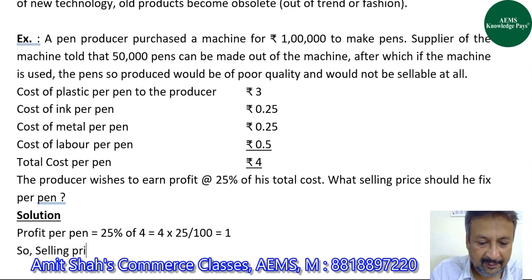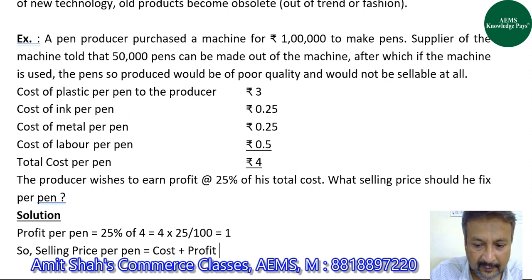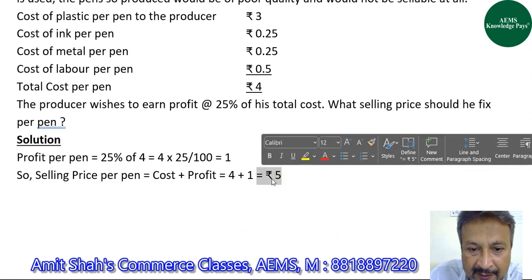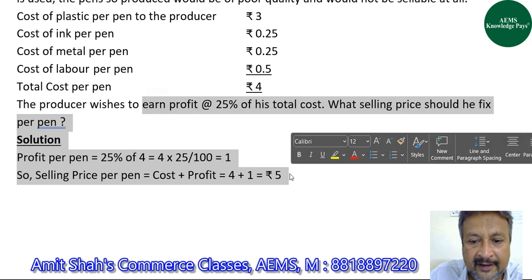So, selling price per pen is equal to cost plus profit. Cost is 4 plus profit is 1, that is rupees 5. So those who have calculated rupees 5, this is how they have calculated it, guys.